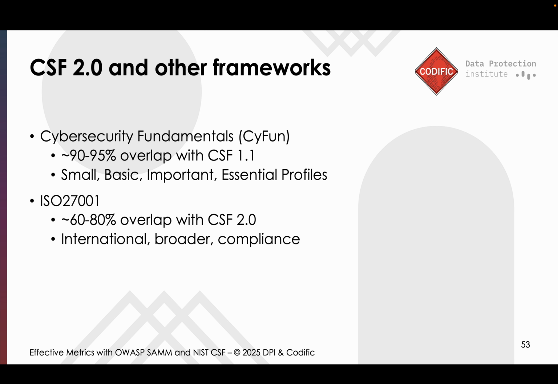Then there is ISO 27001. Like I mentioned in the introduction, ISO has a broader scope as it is an information security framework, and it is also internationally recognized. However, keep in mind that ISO 27001 is compliance-based. It's more about checking the boxes than building a tailored risk-based program.